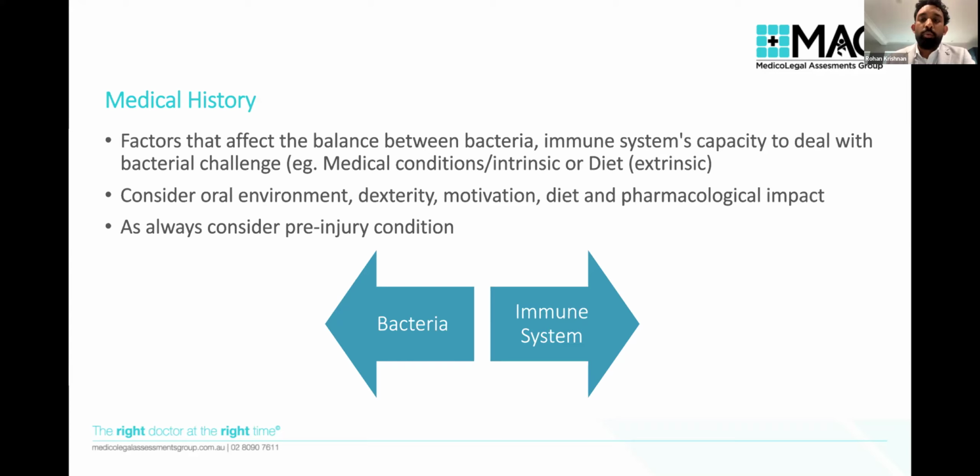Then we look at to what level has this affected the dentition, and we'll go through some of the factors that we consider or the clues that we look at to determine whether it has been affected to the point where there's a compensable injury at hand.